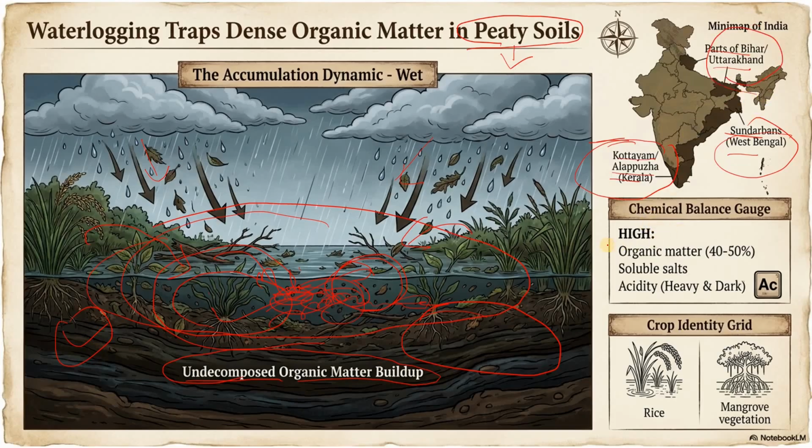Chemically, it is high in organic matter, 40 to 50%, it has soluble salts, the acidity is heavy, and it is dark in color. The crops very well suited for this kind of soil are rice and mangrove vegetation.